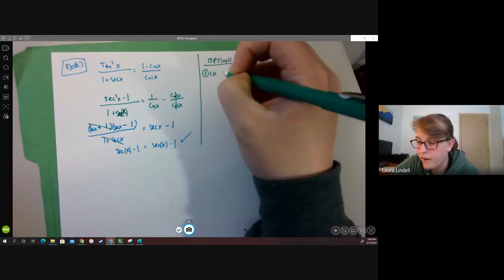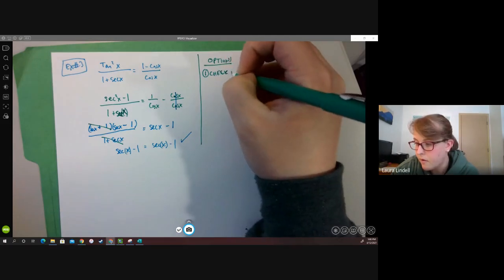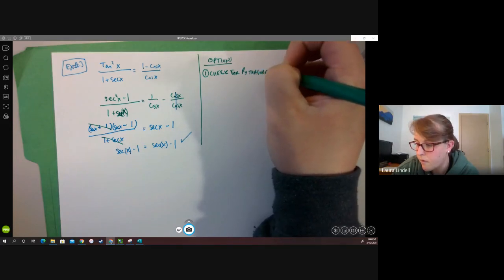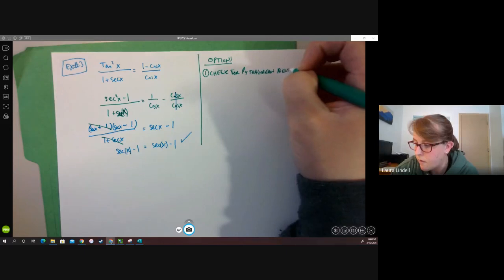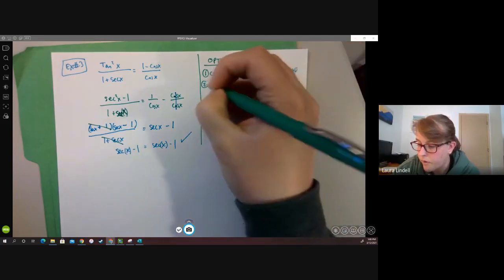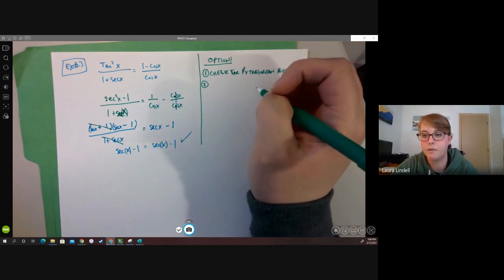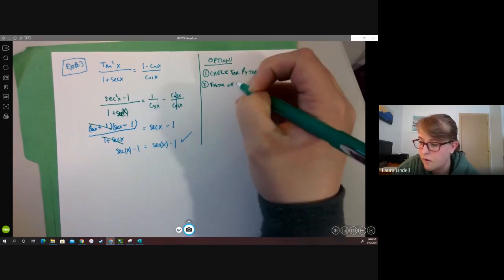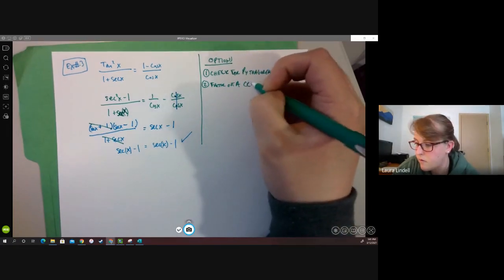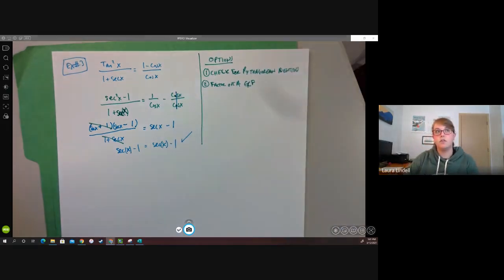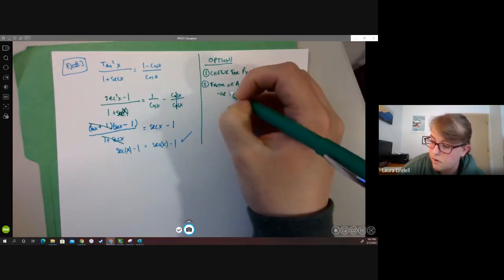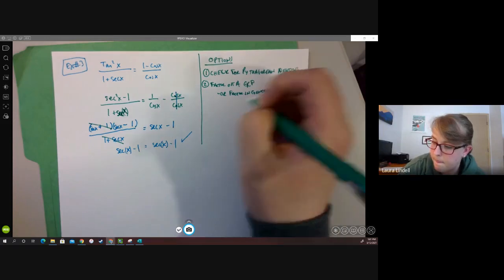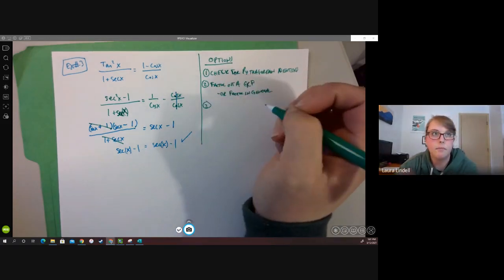You can check for Pythagorean identities. You can try to factor out a greatest common factor. Or just factor in general. Let's see, what else can we do?